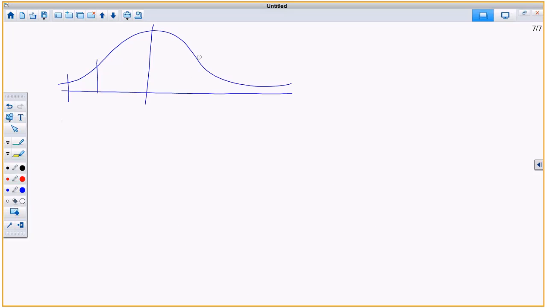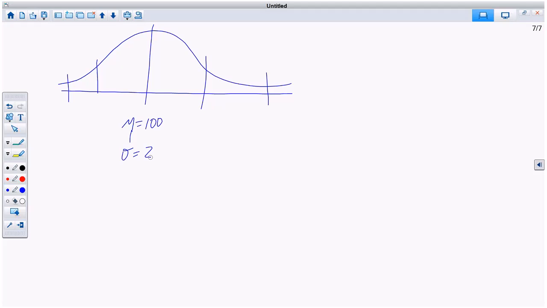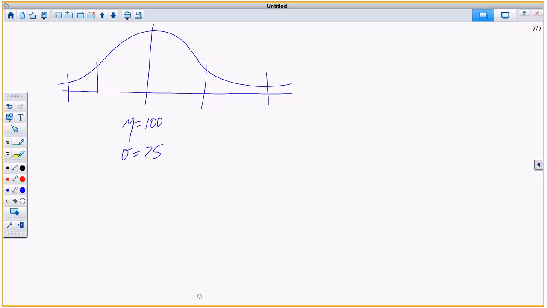The third type of question: same normal, same empirical rule, same everything, except now the mean is equal to, let's say, 100, and the standard deviation is equal to 25. Now there are two things you need to do. You need to draw a picture, and you need to fill in the z-score also.